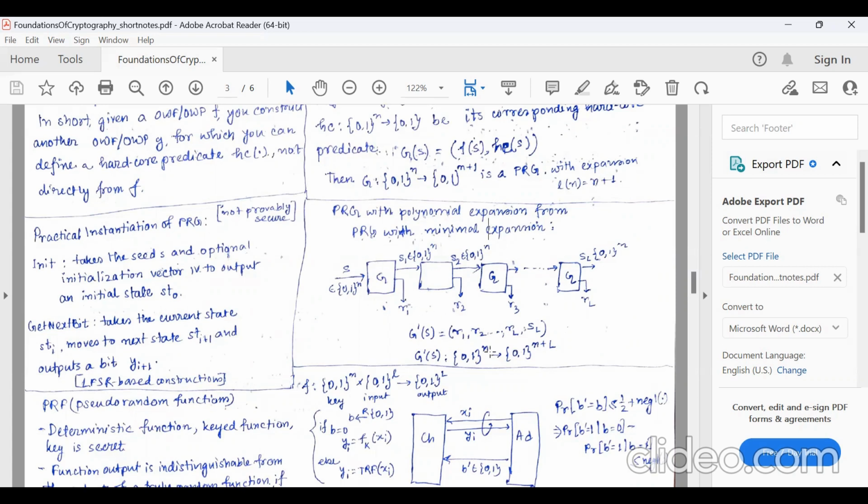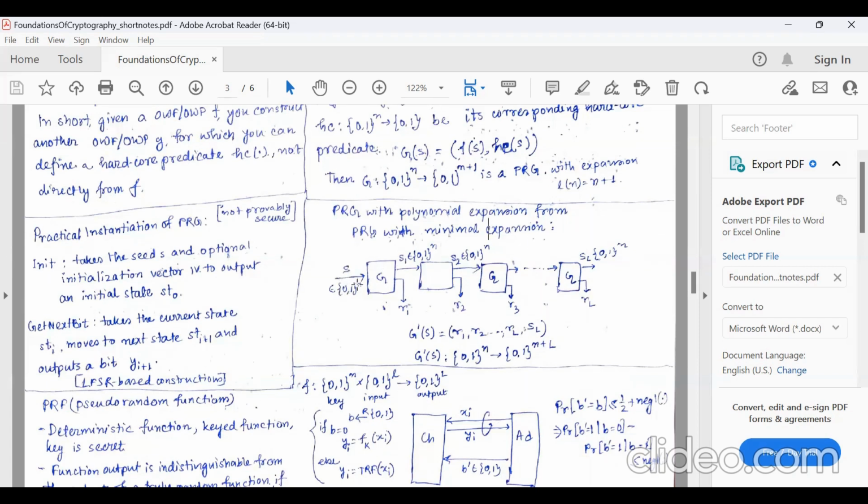So let's say you want to achieve, from n bit length input, n plus n length bit output. Then you can actually apply the PRG algorithm sequentially, repeatedly, to your available seed.